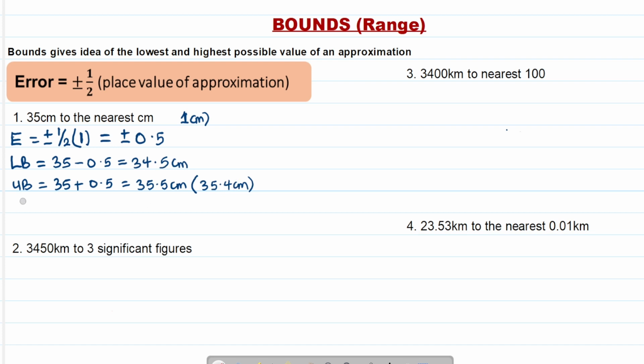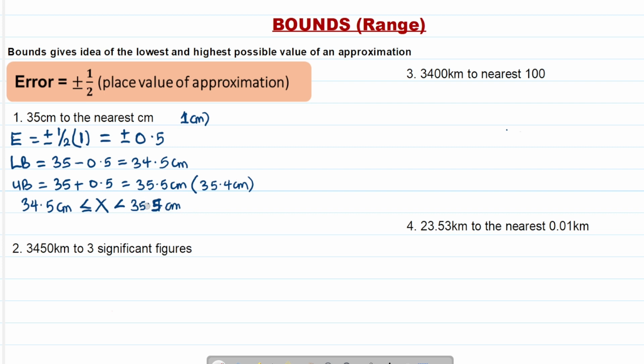Therefore, to present our answer using inequality symbol, we will have 34.5 centimeter must be less than or equal to x, and x must be less than 35.5 centimeter. Note the inequality symbol that was used here, that is just less than, not less than or equal to, because if we use less than or equal to, this should be 35.5. Because if we use less than or equal to, when we approximate this, we are going to get 36 centimeter.